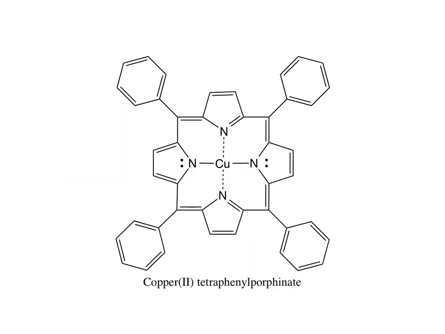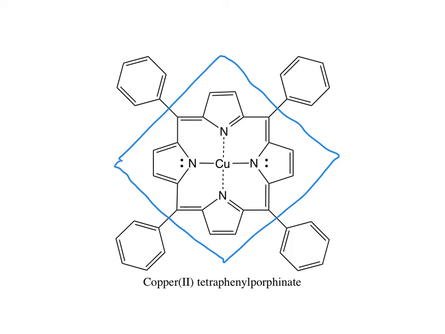So this is our product. You can see that porphin product. We're going to substitute a copper 2 ion in the center. But you can see, while it looks complex, this part is going to be made from benzaldehyde.